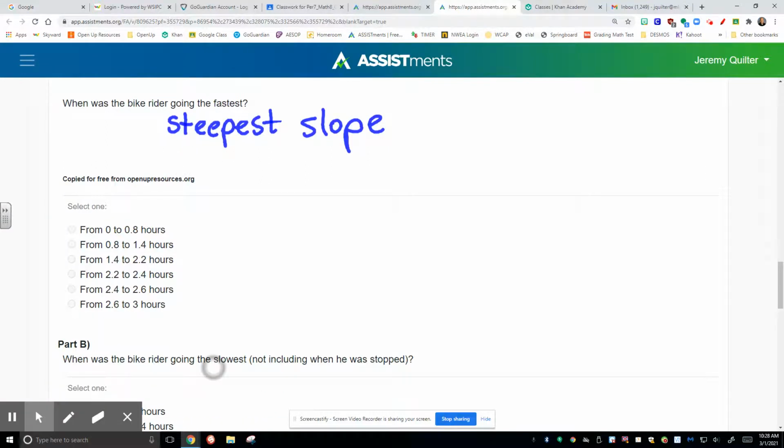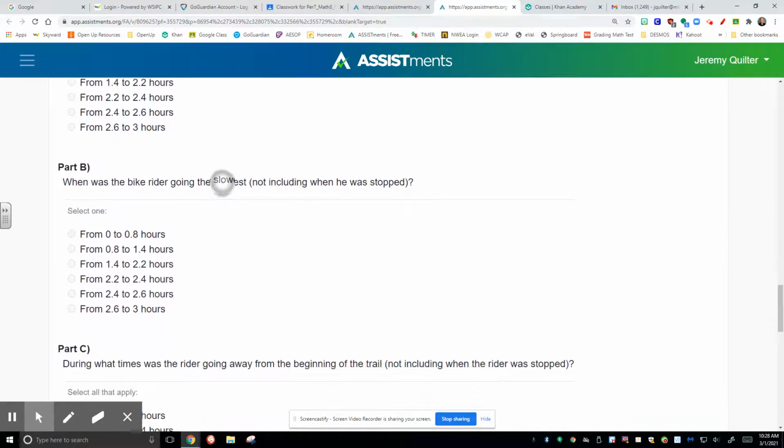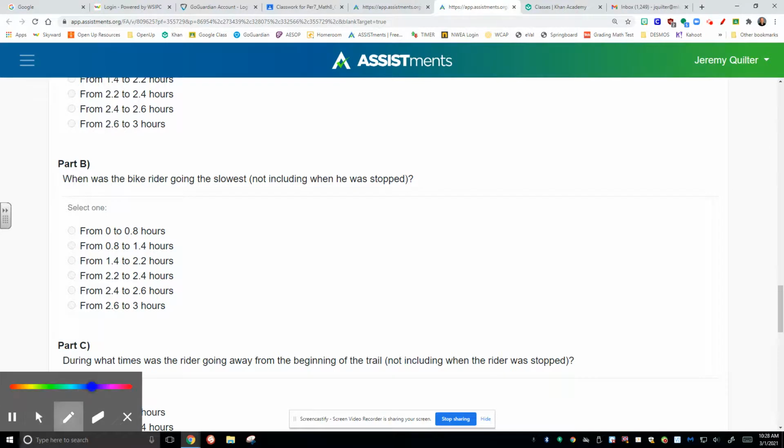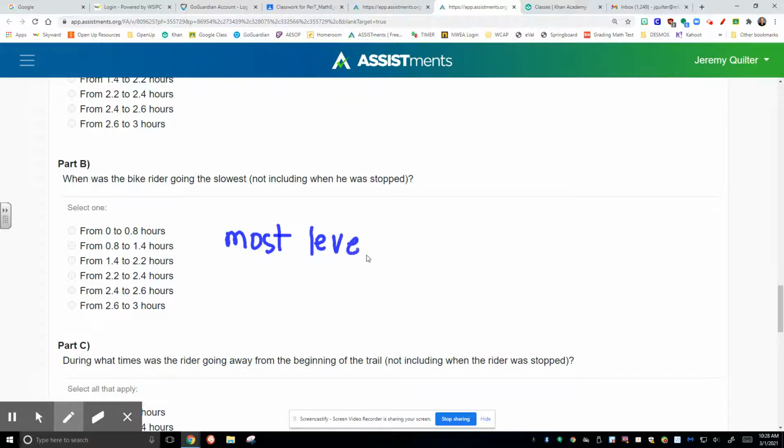Pick whichever one it is. When was the bike rider going the slowest? Then that's going to be the least steep slope or the most level. So we're looking for the most level slope, the one that's closest to a zero slope.